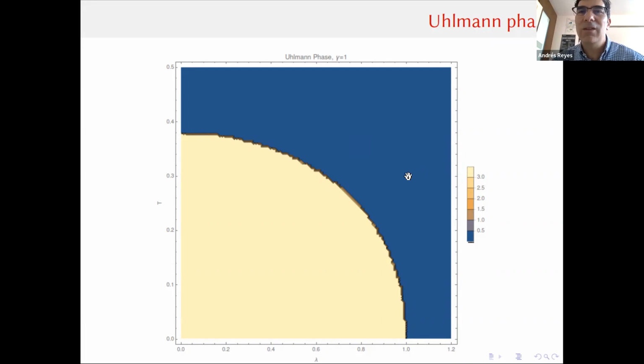Now, what we have done is to also compute the magnetization, and we have found that the magnetization curve, the change of regime for the longitudinal magnetizations between paramagnetic and ferromagnetic behavior, exactly coincides with this curve.